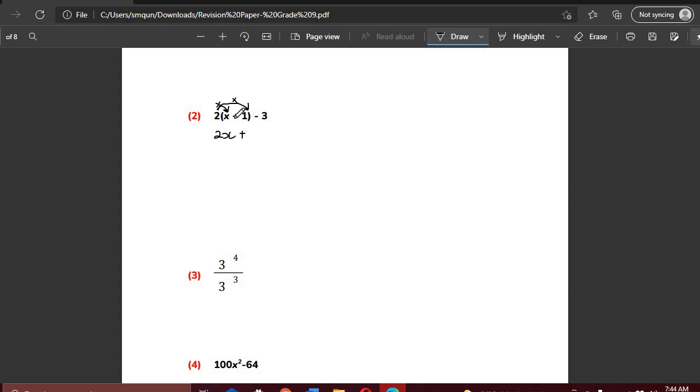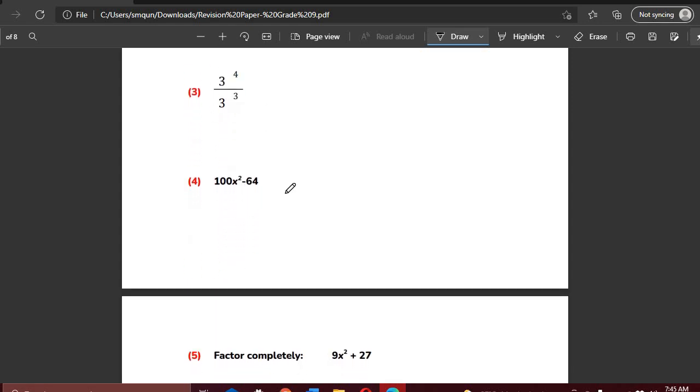So there was a plus sign here, that is why I'm writing a plus sign here as well. All right, so we have 2 times 1, that's going to give you 2 minus 3. And we still can simplify 2 minus 3, so that is going to give us, according to the rules for directed numbers, -1. So our final answer would be 2x plus -1.